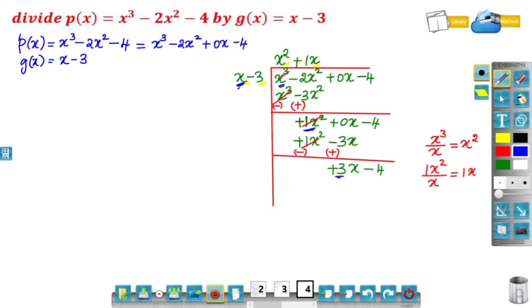Now divide the first term by the first term. Again same method. 3x by x is how much? Is plus 3. Write plus 3 in the quotient.